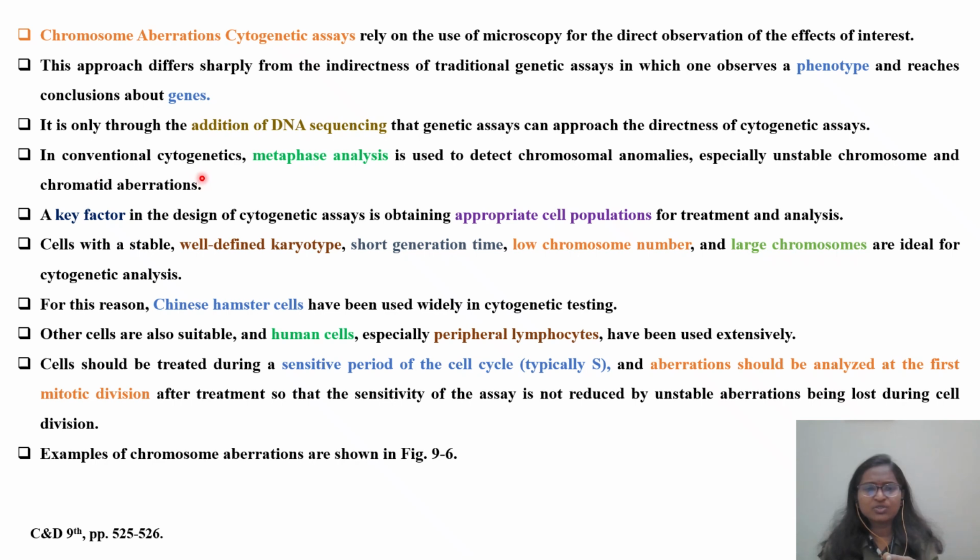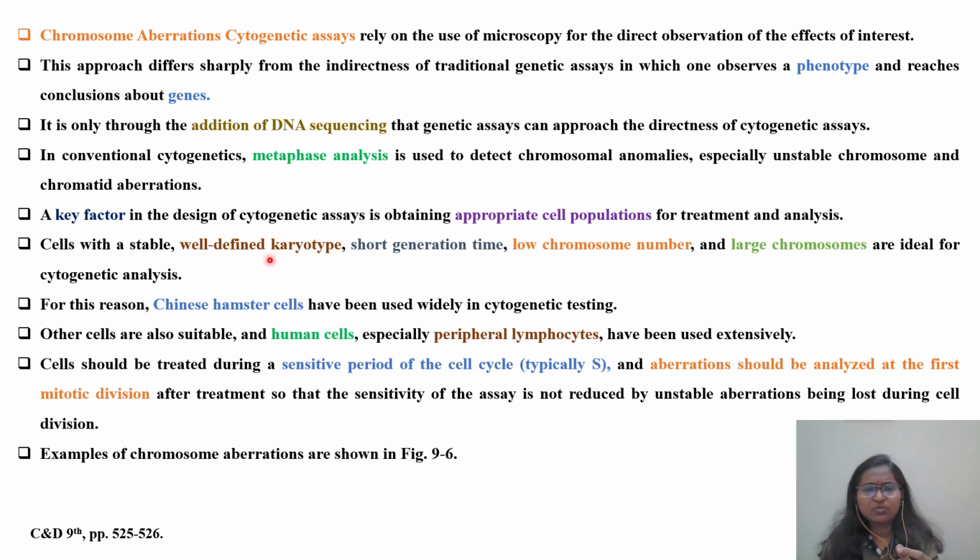In conventional cytogenetics, metaphase analysis is used to detect chromosomal anomalies, especially unstable chromosome and chromatid aberrations. A key factor is the design of the cytogenetic assay: obtain an appropriate cell population for treatment and analysis.